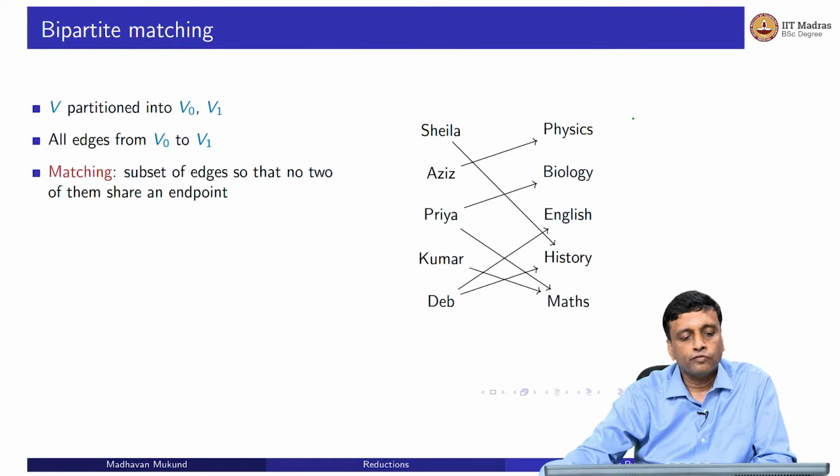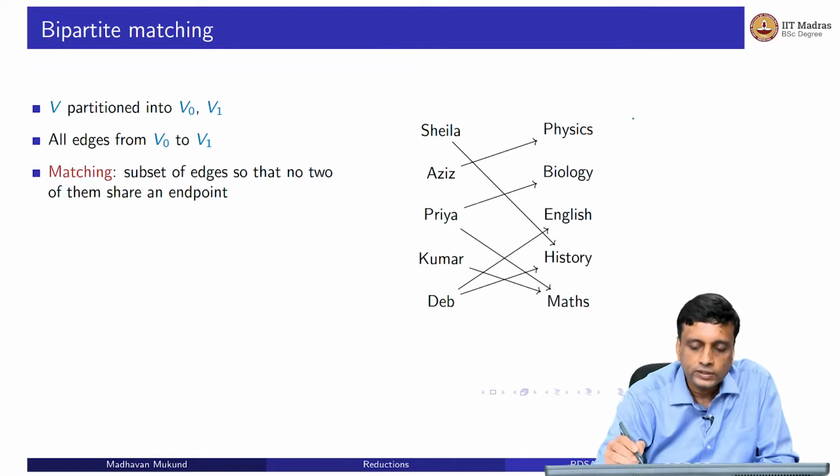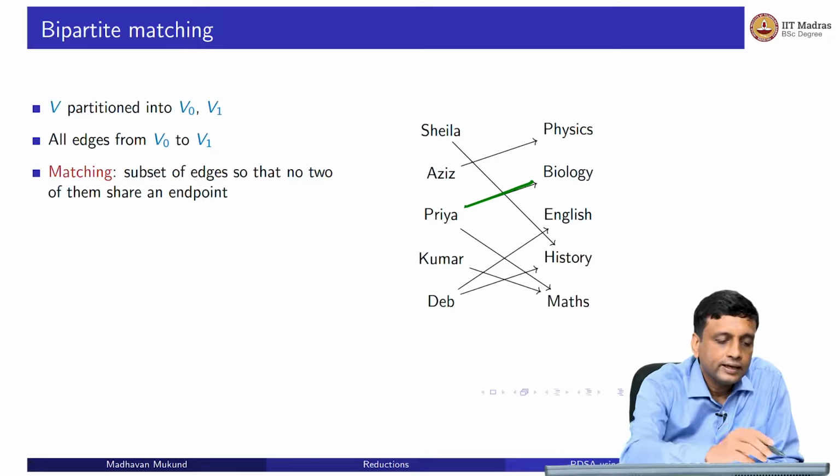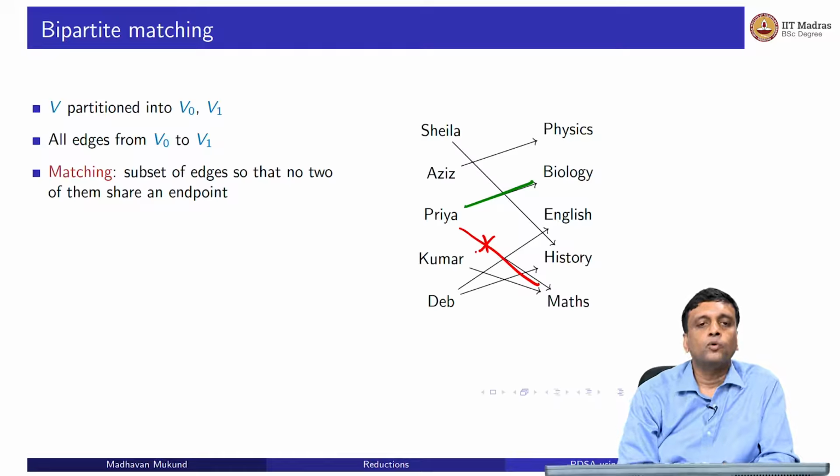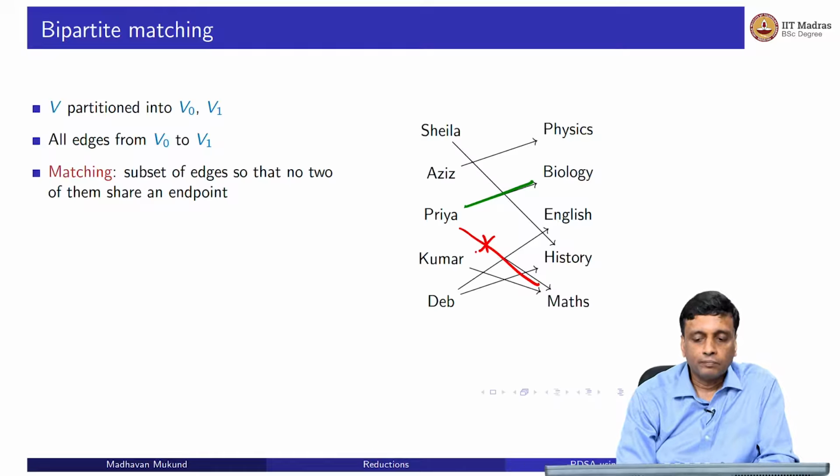And now we want to find a subset of edges such that no 2 share an endpoint. If I choose this edge, for instance, then I am not allowed to choose this edge, because that would correspond to Priya offering 2 courses, which is not allowed. So if I choose one edge which Priya is incident on, the other edge must go.